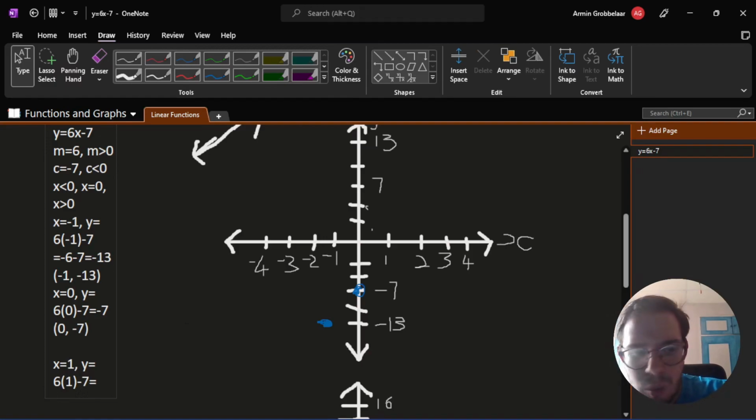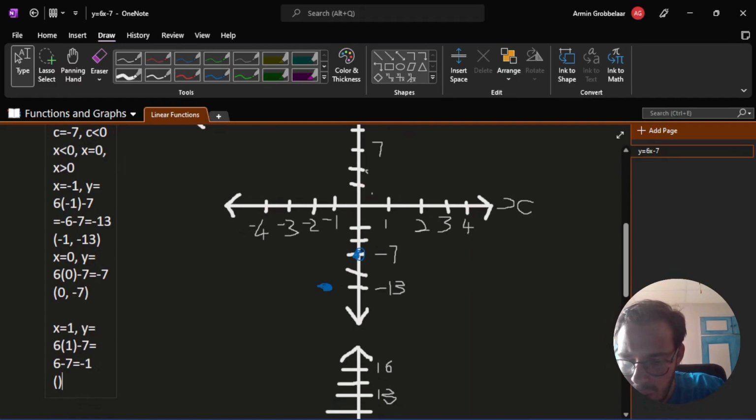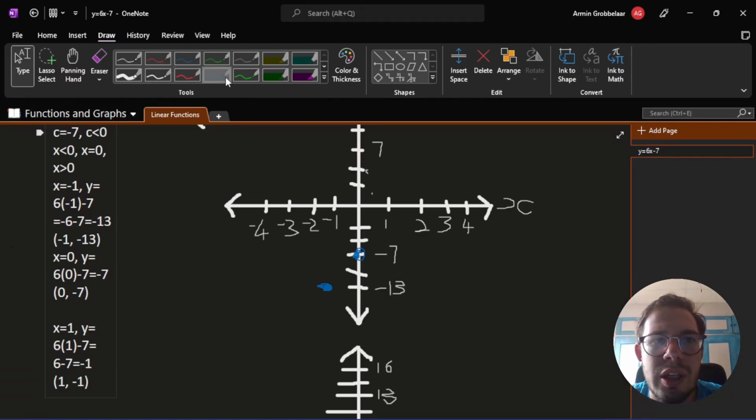So y is equal to 6 minus 7, which is equal to minus 1. So our final point is the point 1, minus 1. So we draw that in. We go to the 1 on the x-axis and down 1. So that there is the point 1, minus 1.